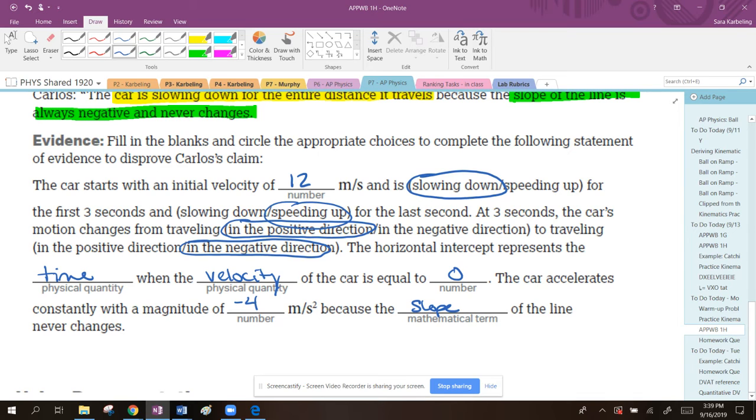So this is not just a game of fill in the blank, even though it kind of feels that way. It's really important, you might want to put a big star by this, to internalize the way that they're articulating what's going on. This is the kind of narrative you have to have in order to explain what you think about Carlos's claim. Okay?